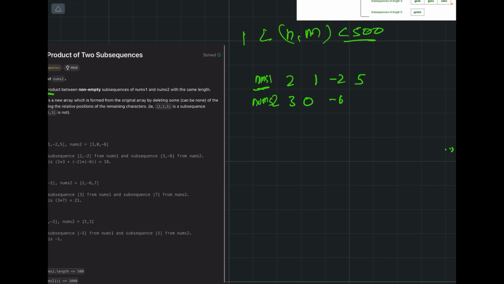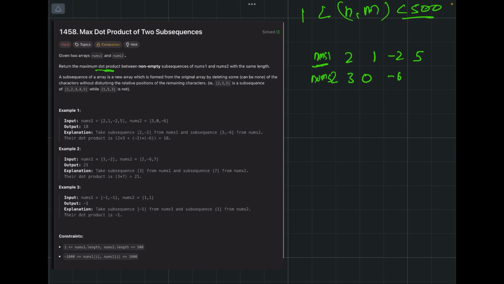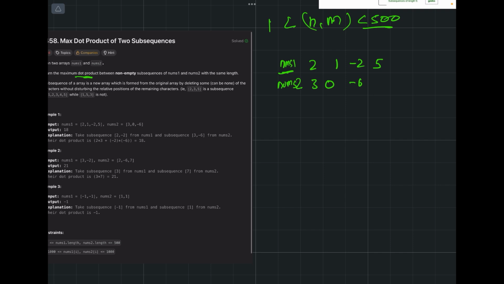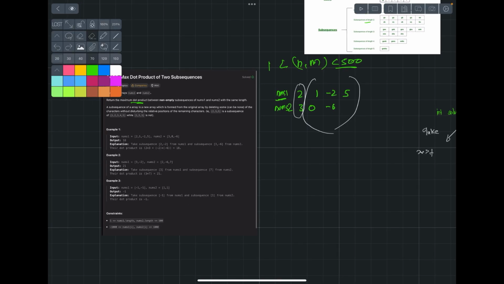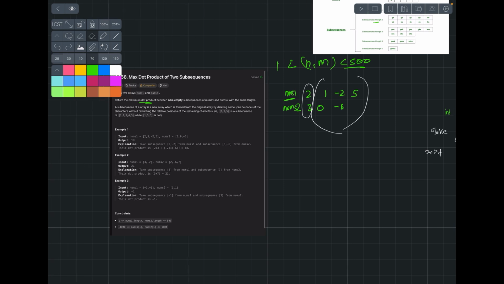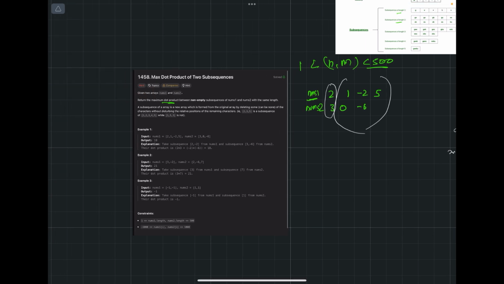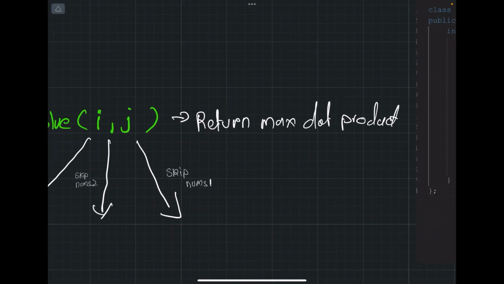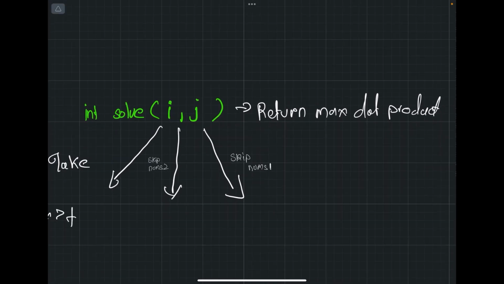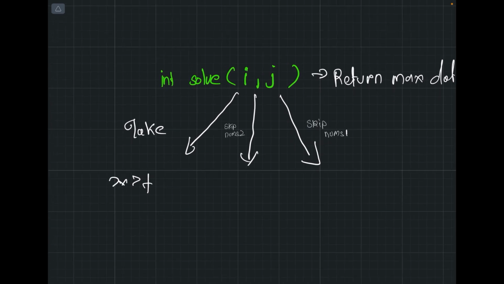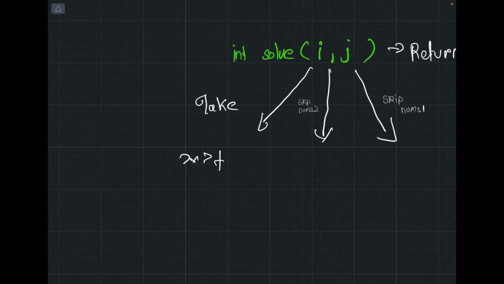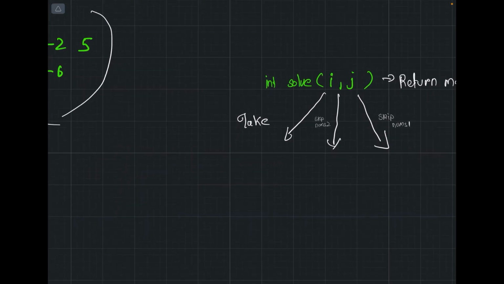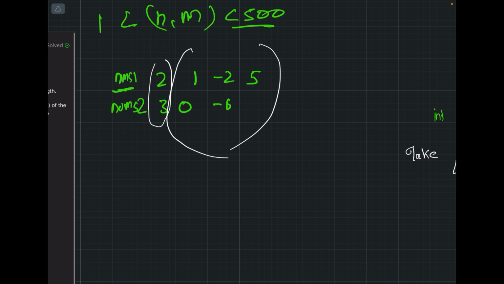What I was thinking was we can do this question directly by recursion. Now we will see how the recursion will work for this question. Suppose int solve is there, it will return the max dot product. Suppose i and j are the pointers, say 0, 0 for now.